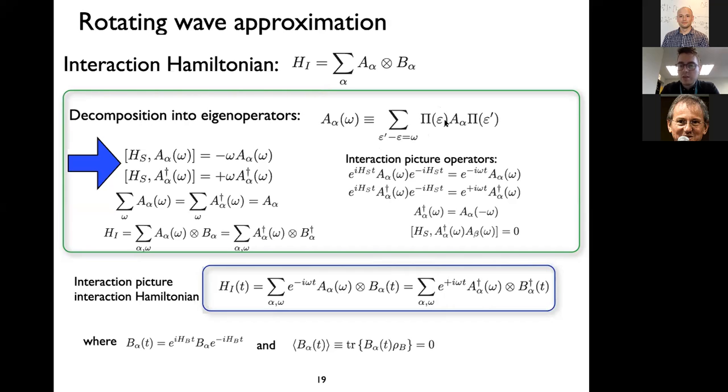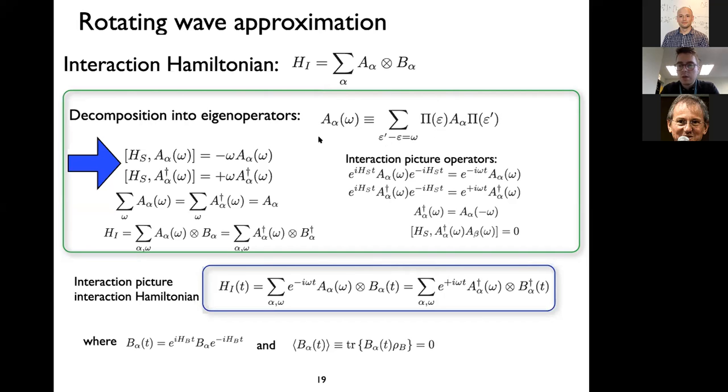And what these quantities are is that they're operators which project onto the eigenspace belonging to an energy eigenvalue epsilon. And so we obtain the eigenoperators through this relation, where these omegas are just scalar values which constrain the sum on the right hand side of this expression.